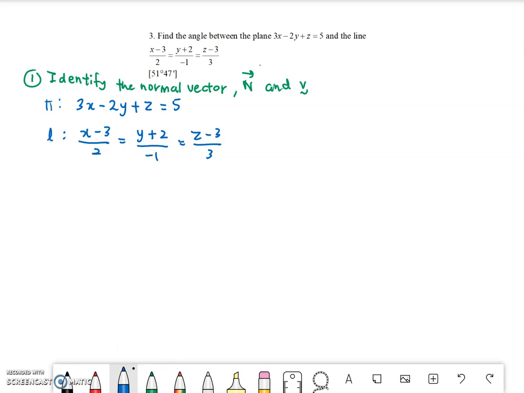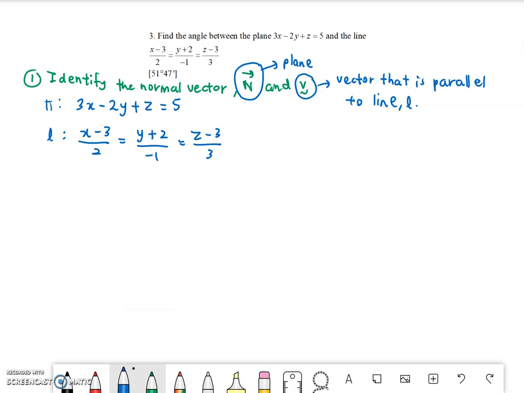Where this normal vector is taken from the plane, and v here is the vector that is parallel to the line. Identifying this is simple.